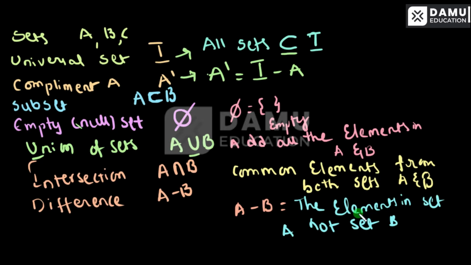Universal set: all sets will be subsets of the universal set. Subset means all the elements which are there in A will be completely there in B also. That is the meaning.